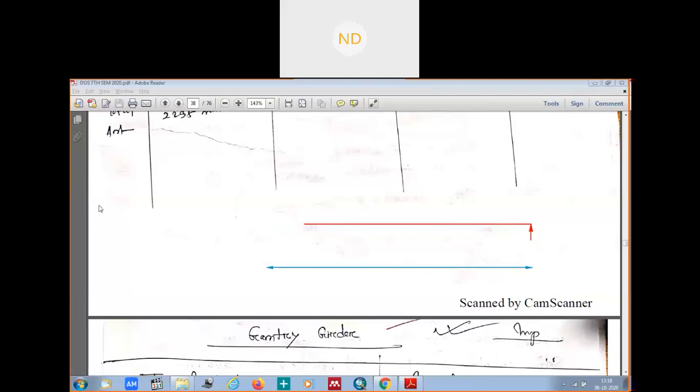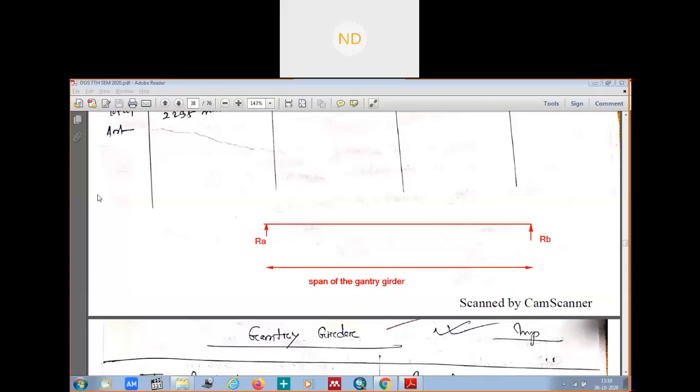This will be your, suppose, span of the gantry girder. You have your RA, because I told you we had given some points to the gantry girder and the crane girder.